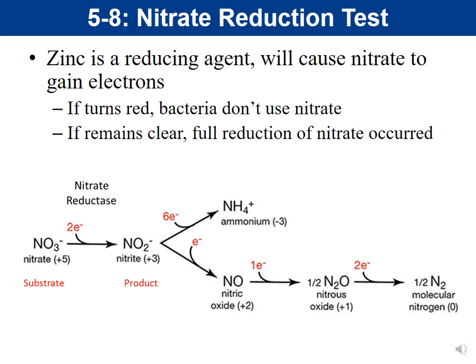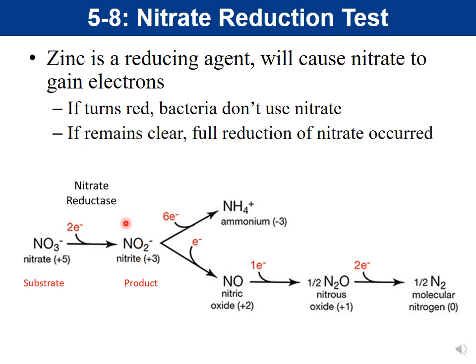So again, you want to know what the function of the zinc is, right? And that zinc is an artificial reducing agent. And basically, if any nitrate is left in the media, the zinc, instead of the nitrate reductase, will artificially reduce the nitrate to nitrite. And if it turns red after the zinc, that means that the bacteria don't use the nitrate.